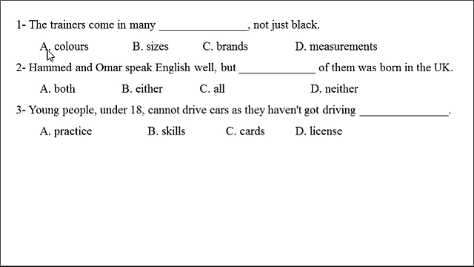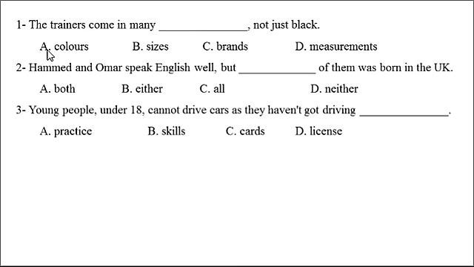Now, Hamad and Omar, we have two persons, speak English well, but of them was born in the UK. The first part of the sentence, Hamad and Omar speak English well, is a positive situation. Now we have the opposite, but of them was born in the UK.